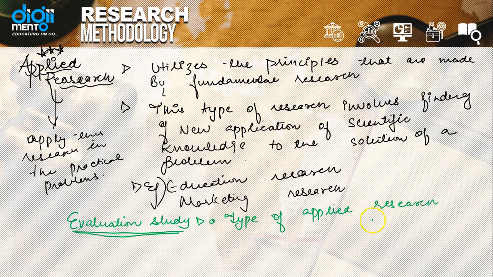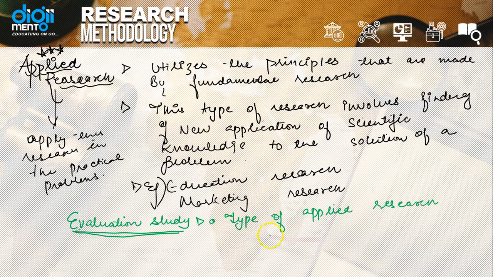Basically in this we take stock of the effectiveness of social or economic programs. Okay, we are taking stock to know the effectiveness of your social and economic programs. Like take one example, a family planning scheme. In that case we evaluate and study the whole data from your city and from your particular area.